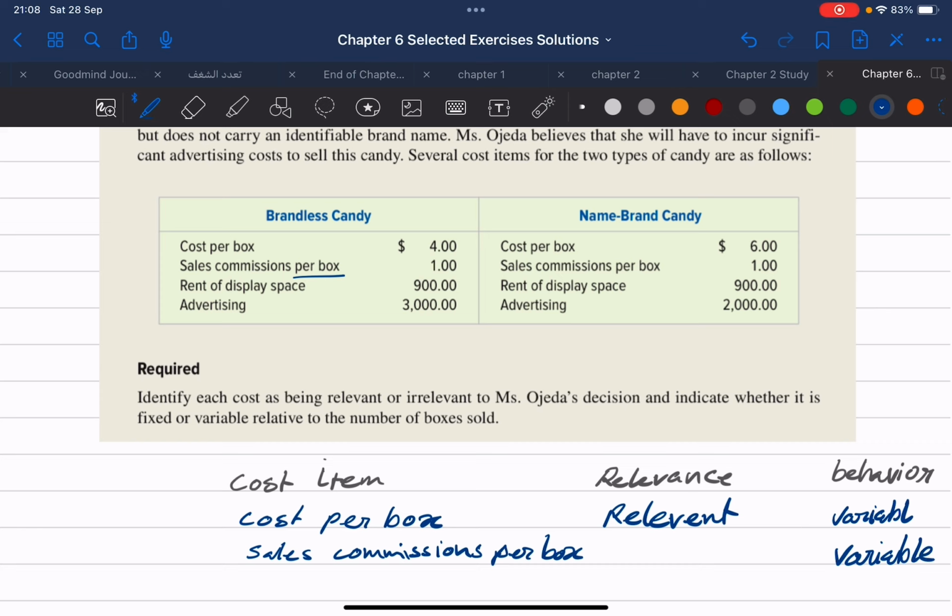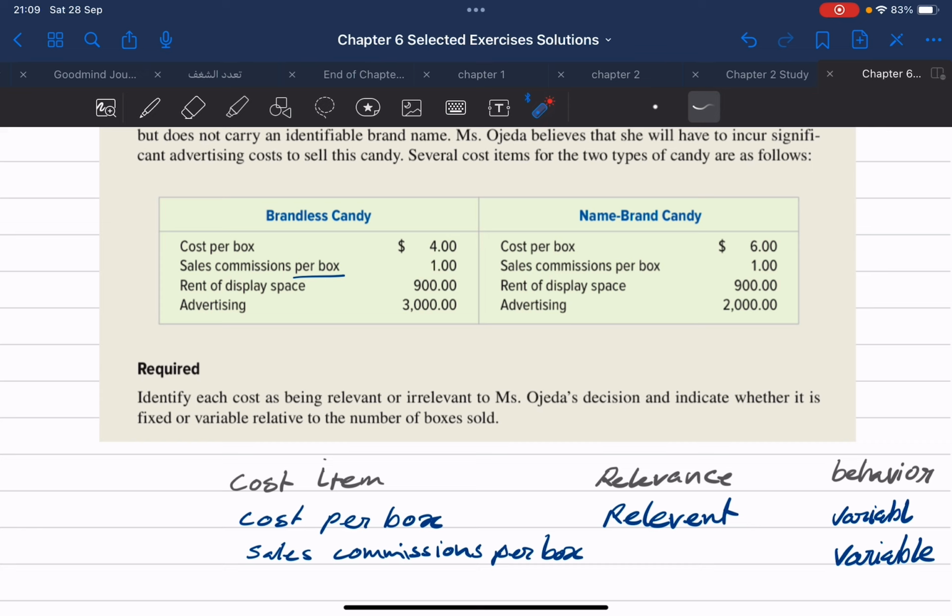However, here, the variable cost of the sales commissions per box is the same under both scenarios. It's $1 under the brandless candy and $1 also if Ms. Ojida decides to go for the name brand candy.